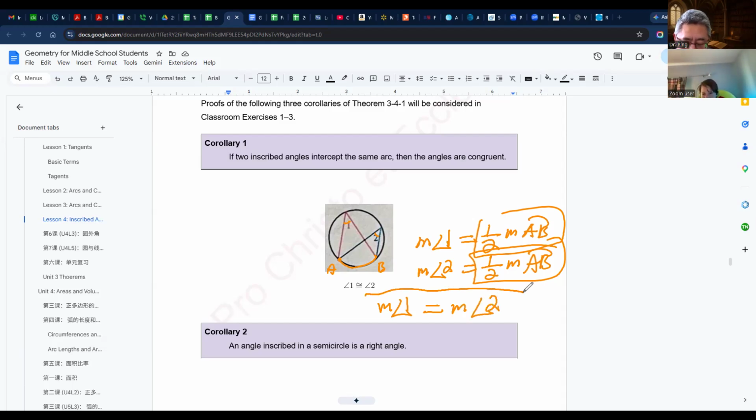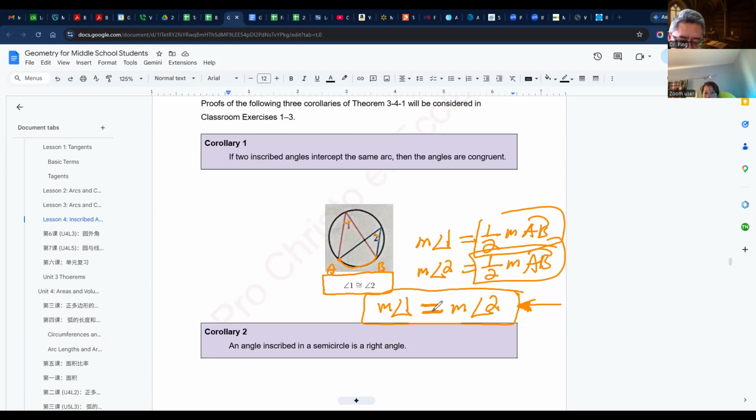In algebra, we basically have two parallel languages. One is to use equations: when we say measure, we use the equal sign. The other is congruency, the terminology when we look at shapes.